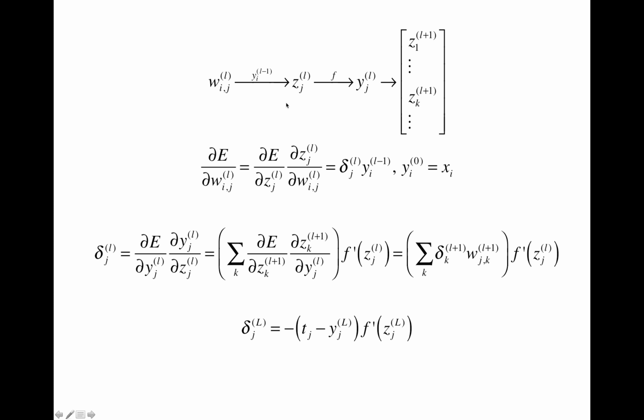It doesn't contribute to any other logits, because the second subscript j must match. So partial E partial W^L_ij equals partial E partial z^L_j multiplying partial z^L_j partial W^L_ij.